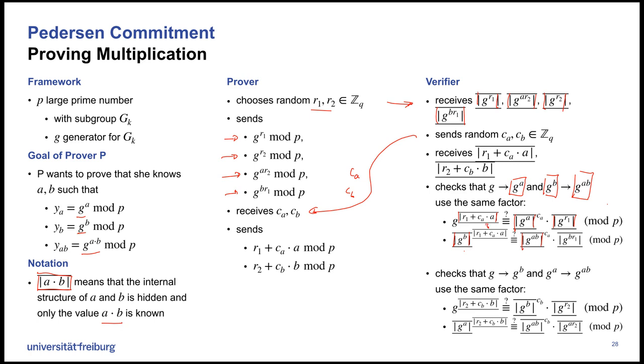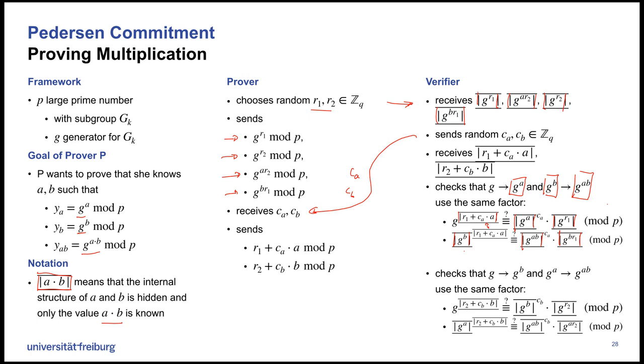So this is the same exponent I'm using to get from G to the B to G to the AB. This only works if this is the same factor. And let's call this factor A. And we have this term here, which is actually not harmful because it's fixed before, and it helps to randomize the thing that we have here, which is G to the B R1.